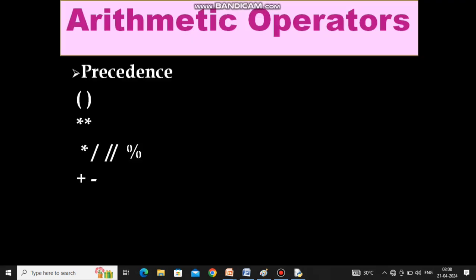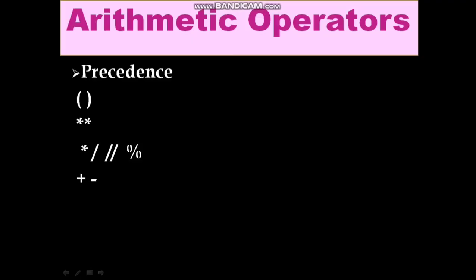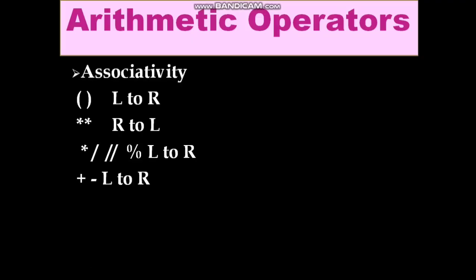Now we are going to see another concept called associativity. The precedence concept is used when you have multiple operators in a single expression. Think of a situation where you have operators with the same precedence, or same priority, in an expression.